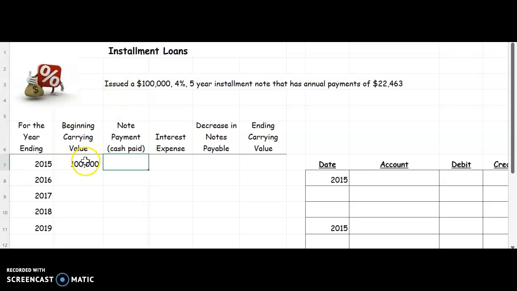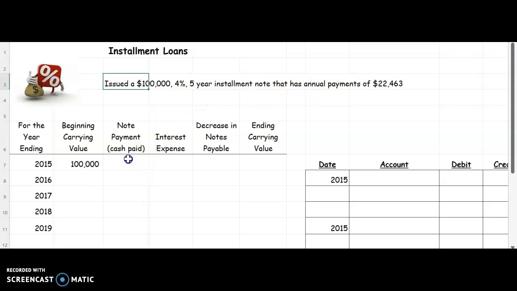So the reason we know that is because it tells us we issued a $100,000 4% 5-year installment note that has annual payments of $22,463. So each year, annual means once a year, I'm going to make this payment for this loan.